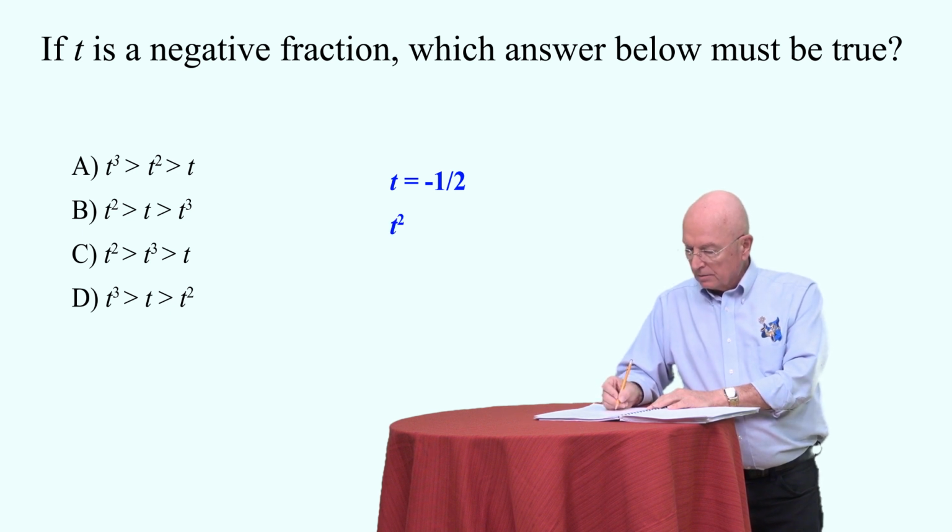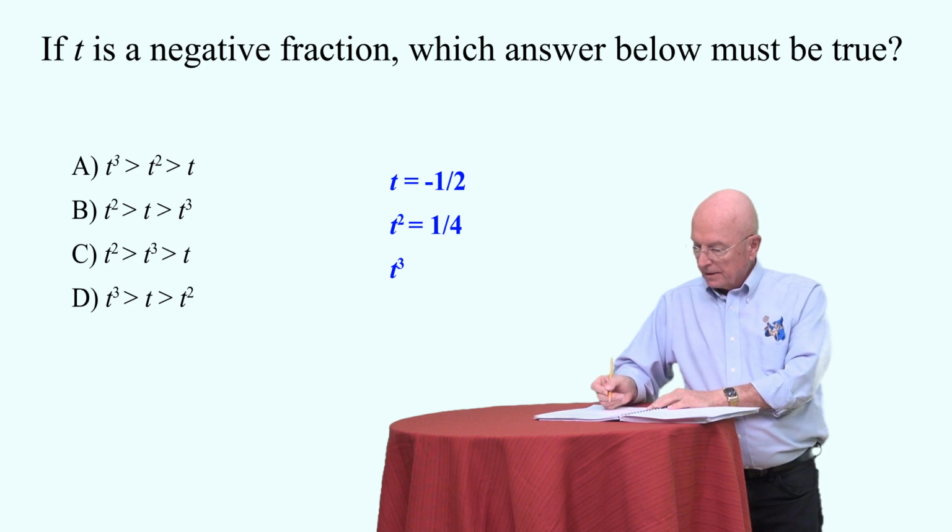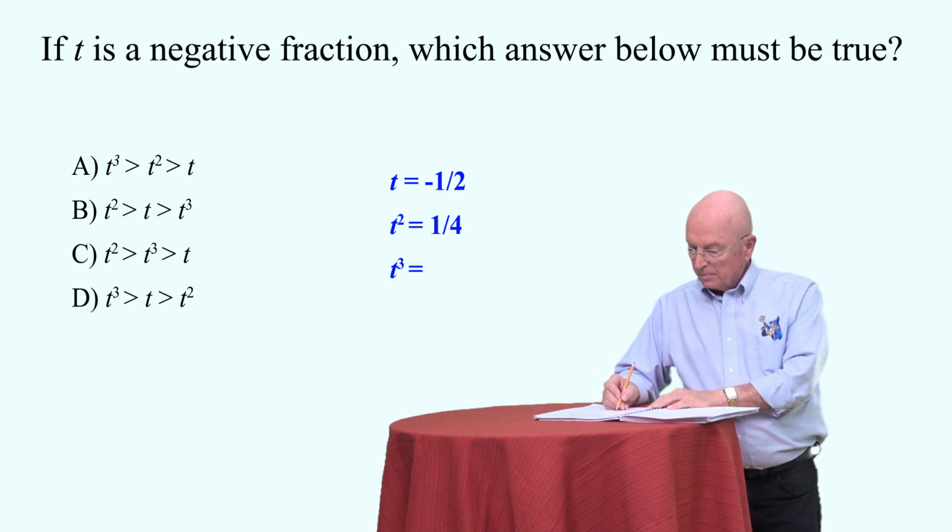Then we'll square it. Negative 1/2 times a negative 1/2 is 1/4. And it's positive because a negative times a negative is a positive. And then t cubed would be 1/4 times negative 1/2. So that would be 1/8. But we got to remember it's negative because negative times a positive makes it negative.